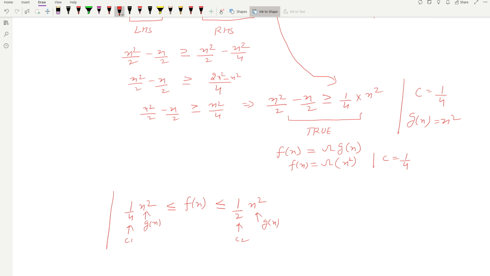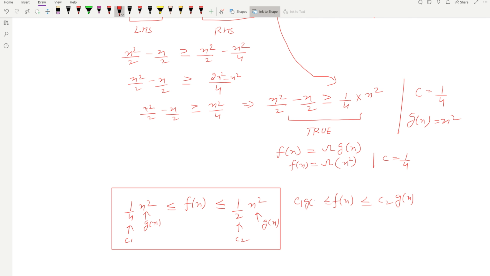If you know the definition, c1 g of n less than or equal to f of n less than or equal to c2 g of n, then this definition is all about the theta notation.